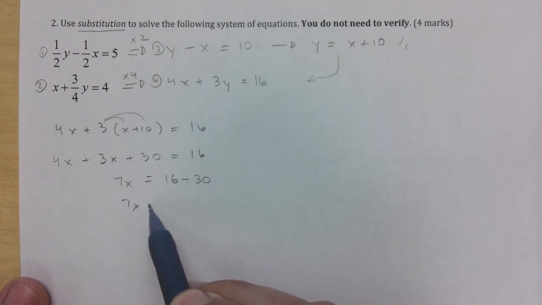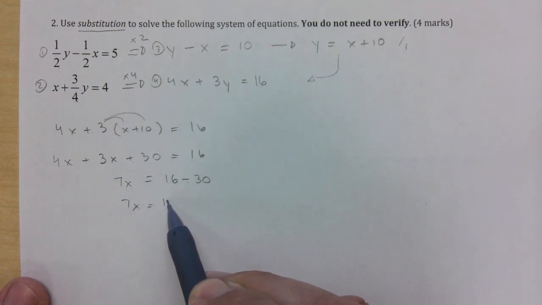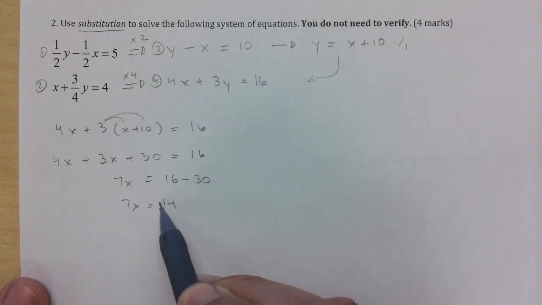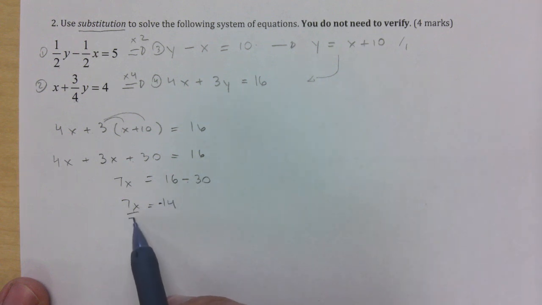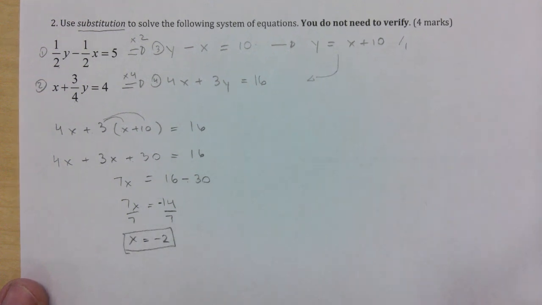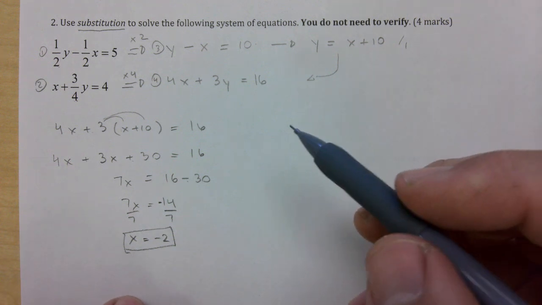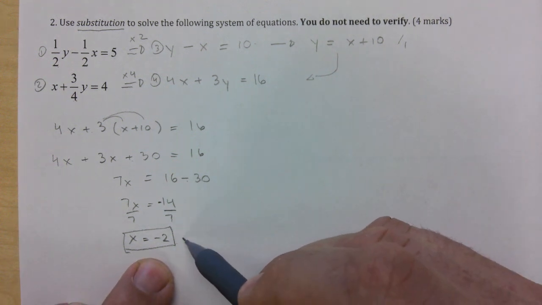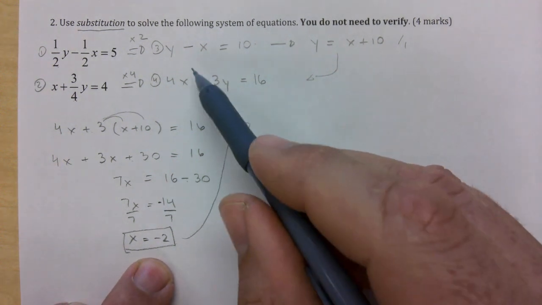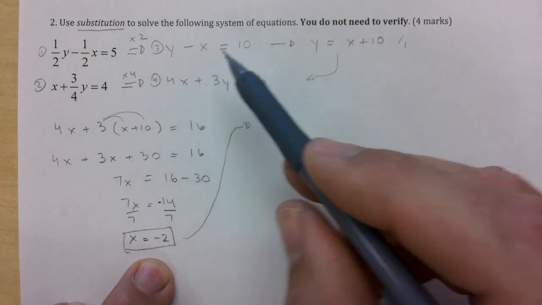So you get 7x is equal to negative 14, and then you divide both sides by 7, x is equal to negative 2. Okay, so you got that part. And then you take this and you substitute that into either one of them.